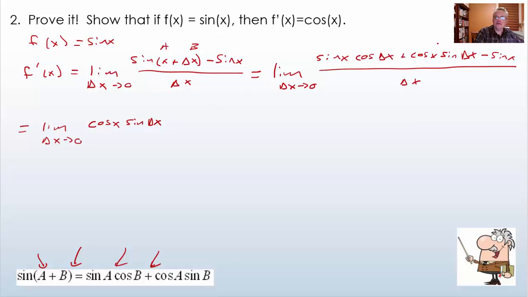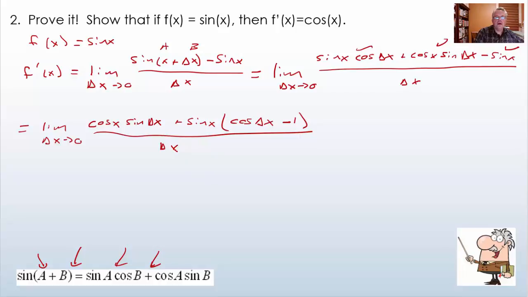So I wrote that term. Then I'm going to factor out a sine of x out of these two terms. So I have cosine delta x, and then minus 1. So I factored a sine of x out of that term and that term. So everything's accounted for here, all over delta x.